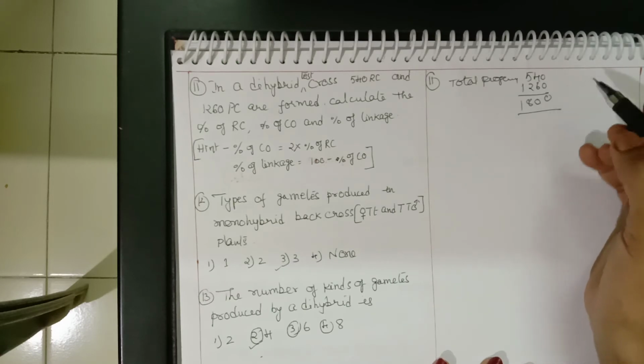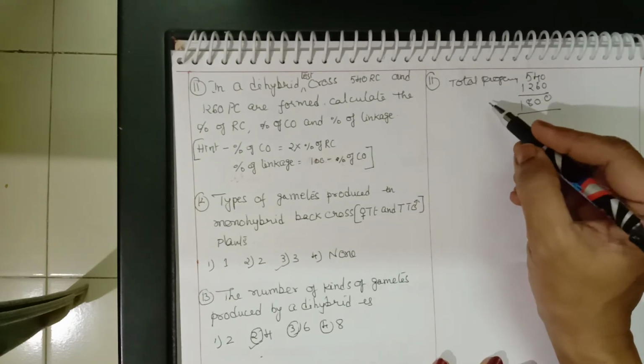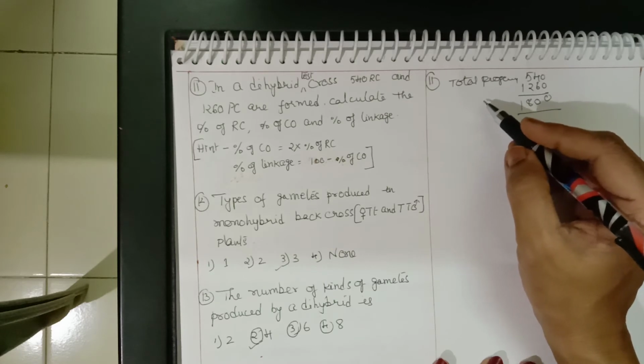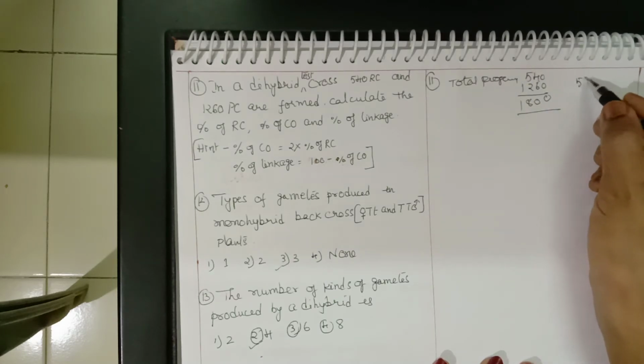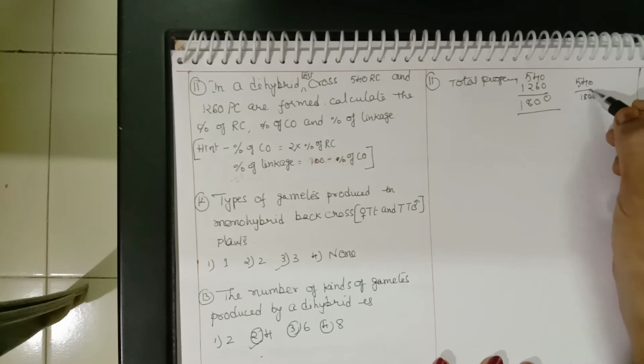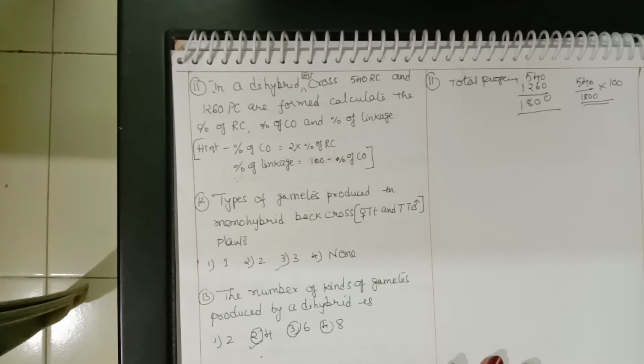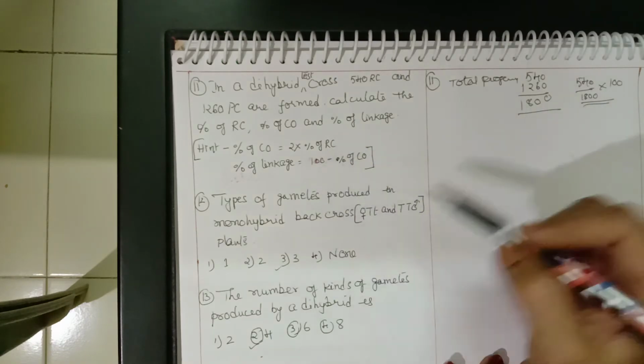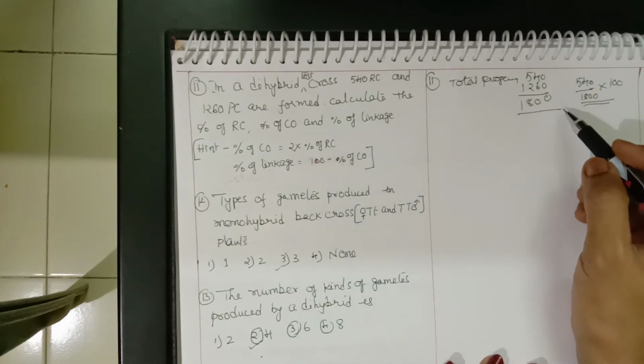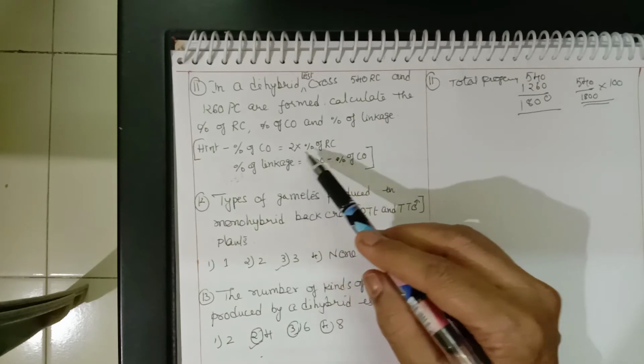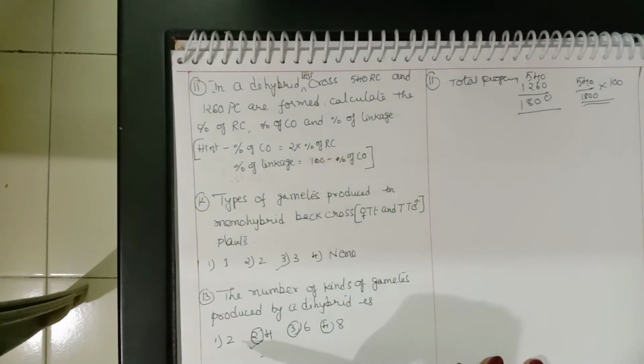And now percent of recombination. Percent of recombination should be 540 by 1800 into 100. That will be the percent of recombination. And percent of crossing over will be 2 into percent of recombination.